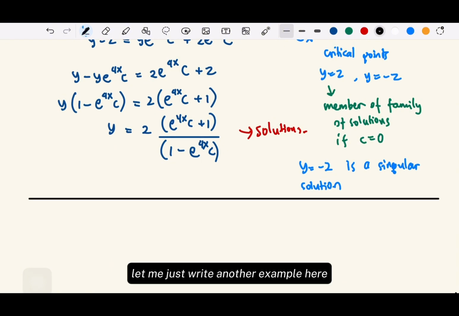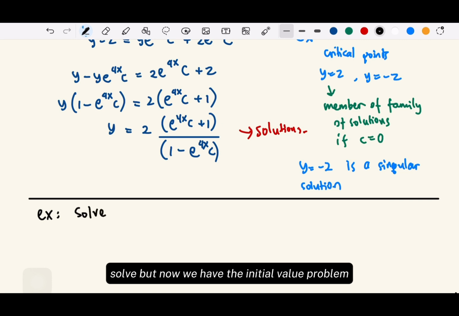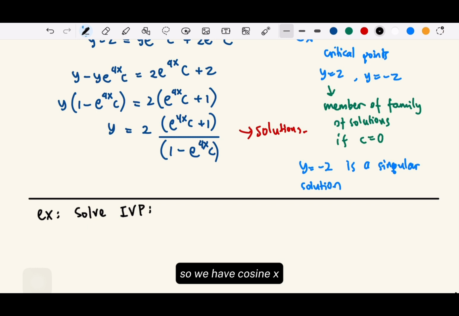So let me just write another example here. Just write the question first. Solve. Now we have the initial value problem. So we have cosine x.